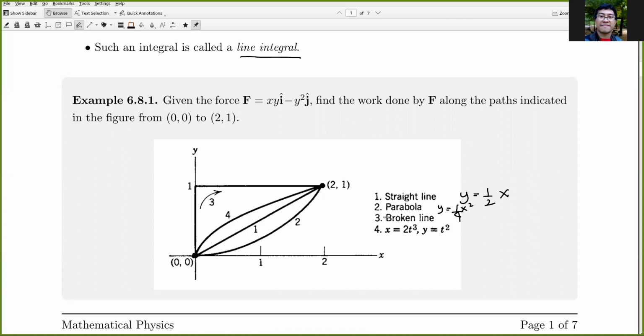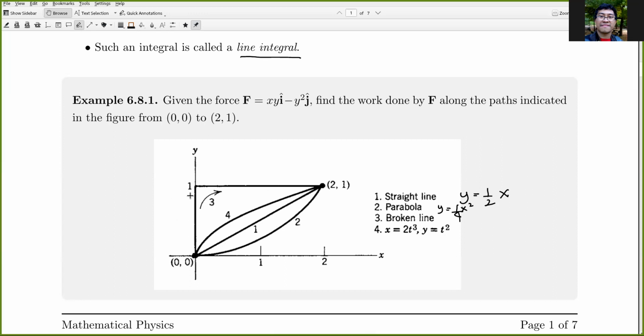Okay. And the third path: first path is a straight line, second path is a parabola. Third path, you go up vertically and then horizontally to the right. So you use two straight line paths, horizontal and vertical, then you add them.